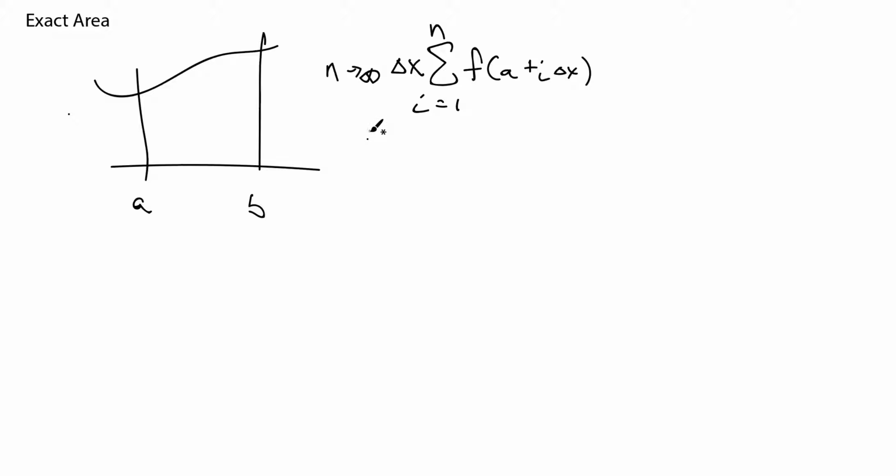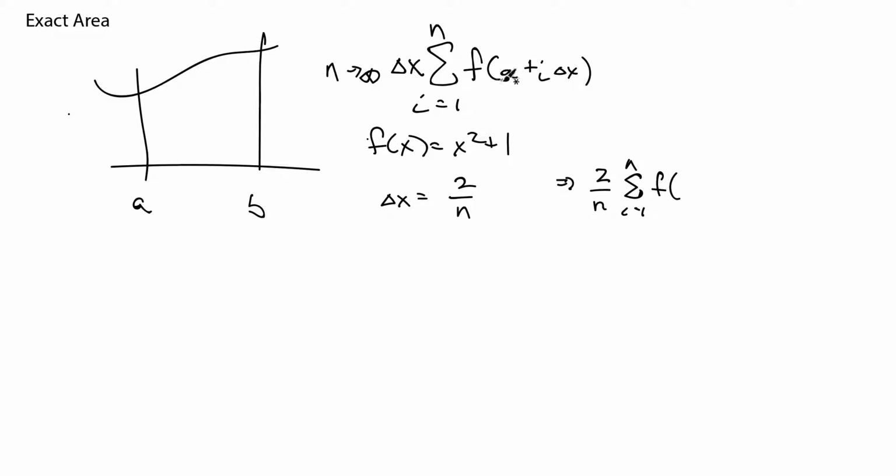So following our example where f of x equals x squared plus 1, delta x is going to be 2 over n, and that changes our expression to be 2 over n times the sum from 1 to n of f of a, which is still 0.